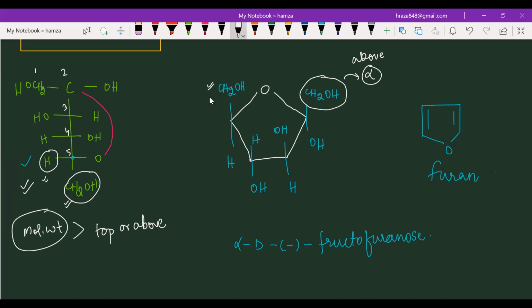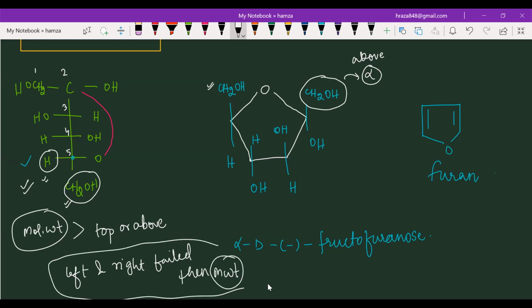When left and right fail, then we give preference to molecular weight for above. The one which has more molecular weight will be above, and the one which has lesser molecular weight will be below.